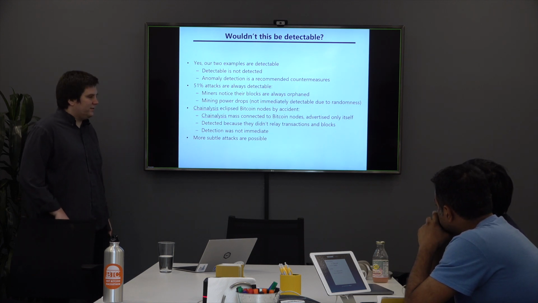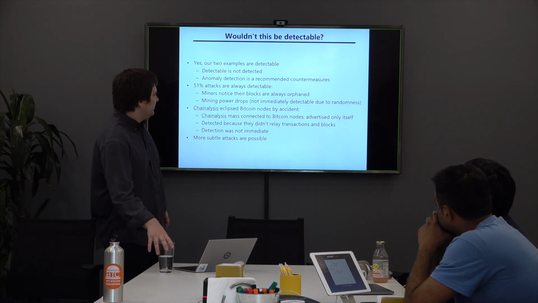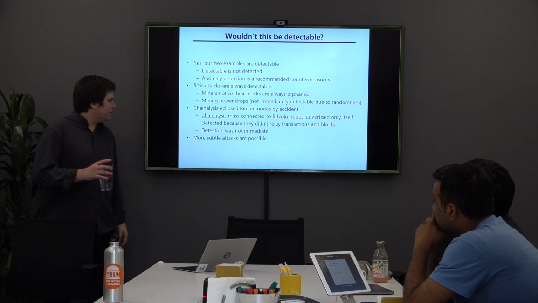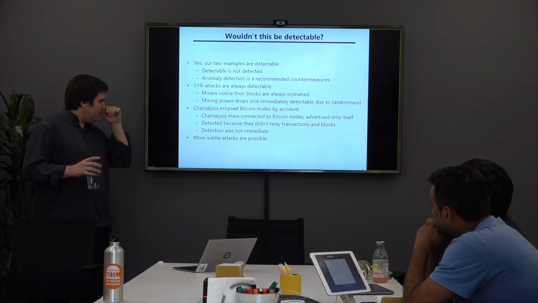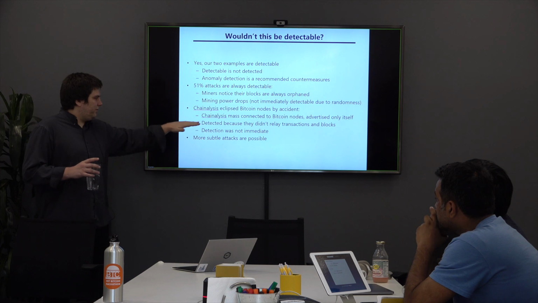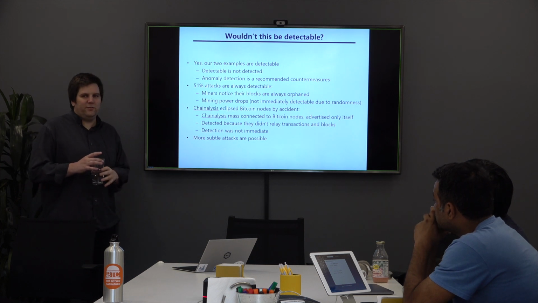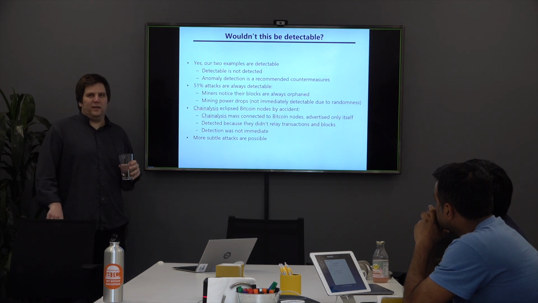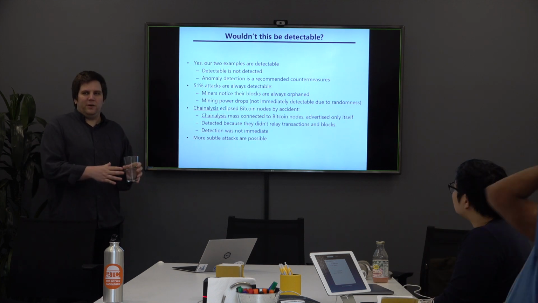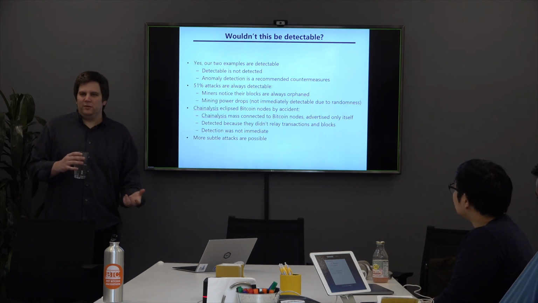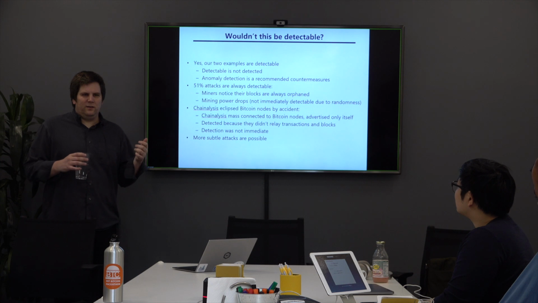Additionally, Chainalysis accidentally eclipsed a bunch of Bitcoin nodes, and no one really noticed. The Chainalysis people were trying to be safe, in that they put all of the IP addresses they were stuffing the peers' tried table with in, I think, a /23.